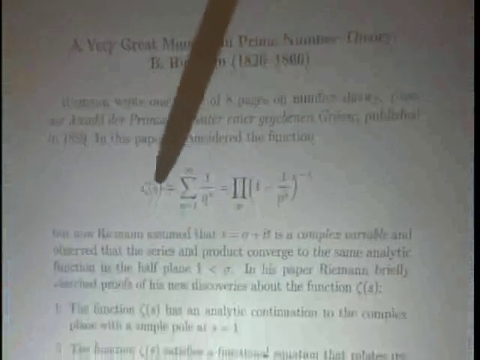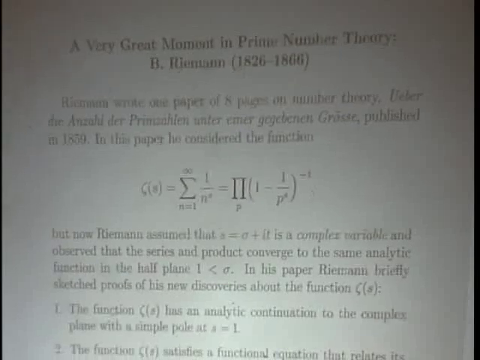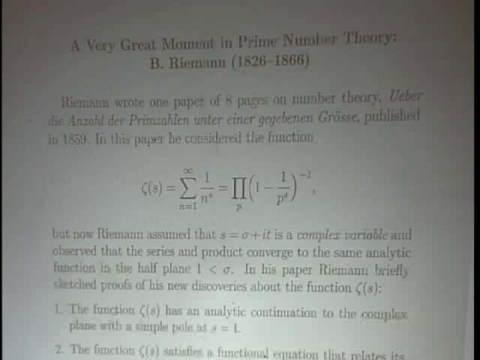His good idea was to replace the real variable s, which has to be greater than 1, with a complex variable. The real part of s he called sigma. The imaginary part he called t. This slightly odd notation, however, has stuck and is still used.